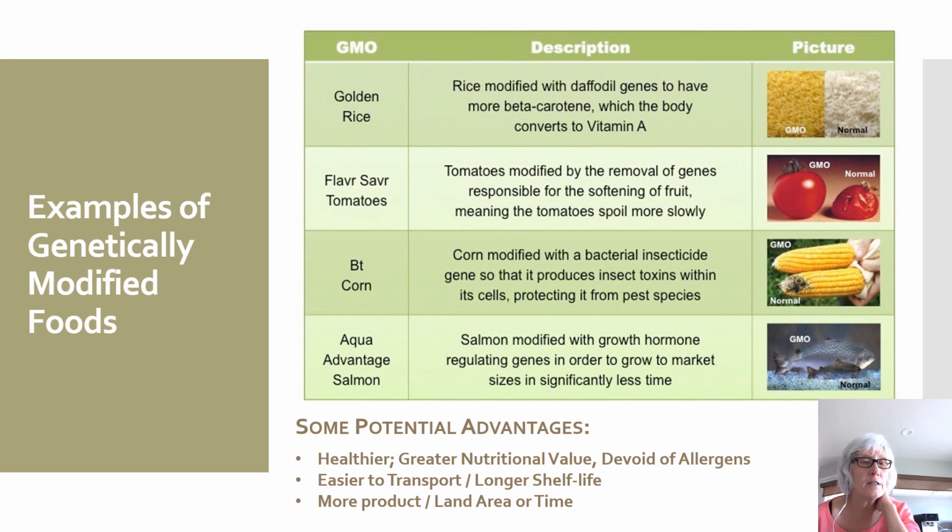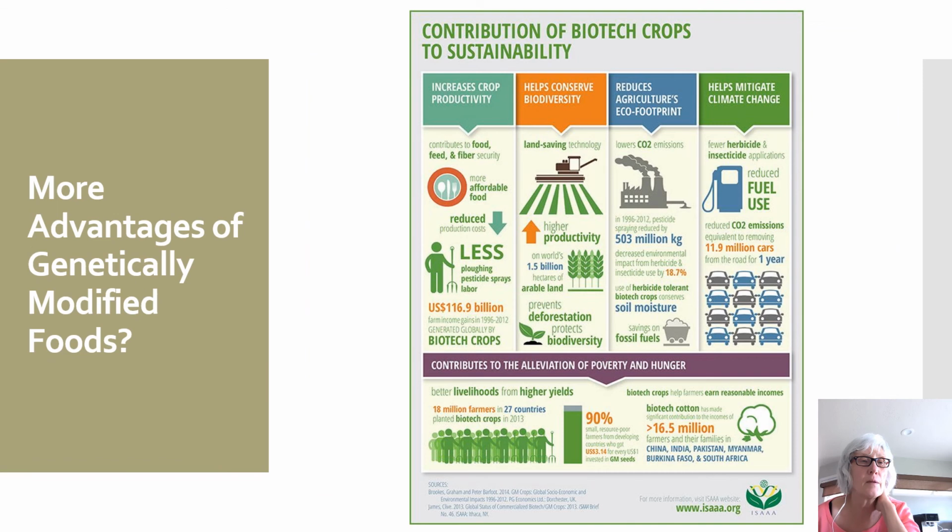Another advantage is that we can generate more product per area of land, or in the case of salmon, more product in a given period of time. This graphic shows some other advantages. Not only does it increase our crop productivity, but it also helps to conserve biodiversity.